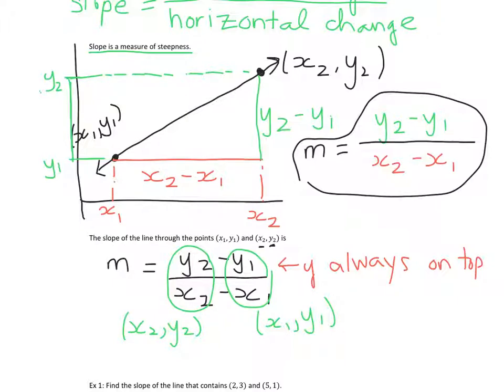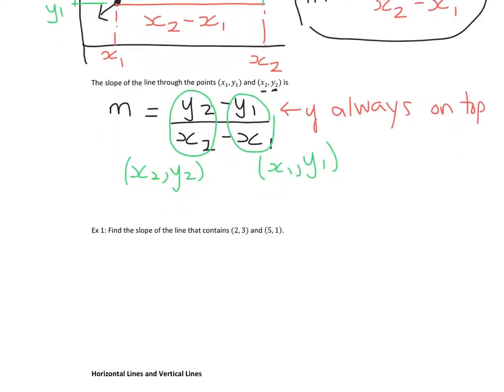Let's practice. We're going to find the slope of the line that contains the points (2, 3) and (5, 1). So m, our slope, is equal to the following. It doesn't matter what your starting point is, it just has to be consistent.